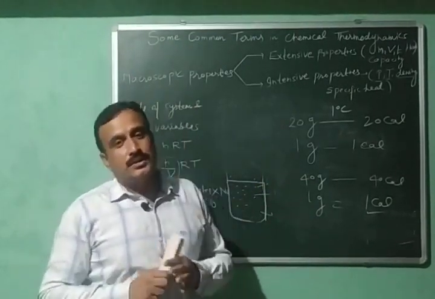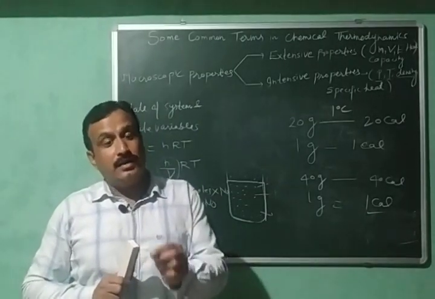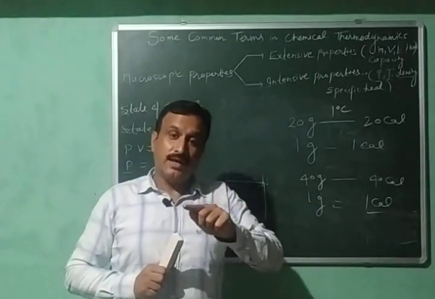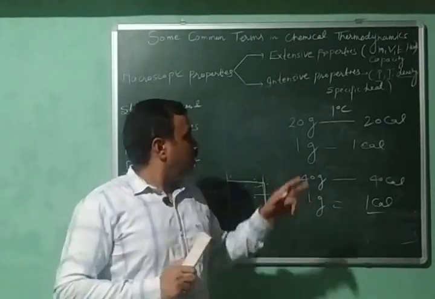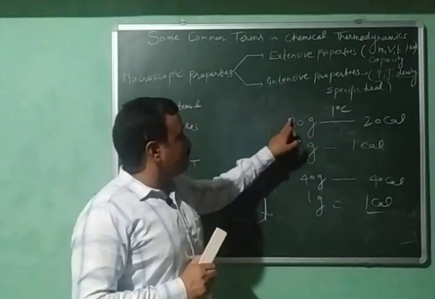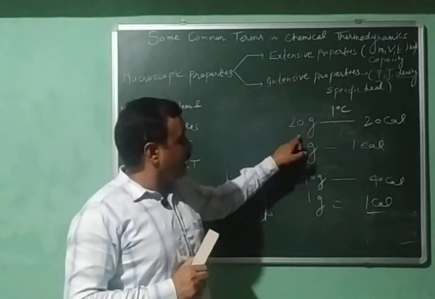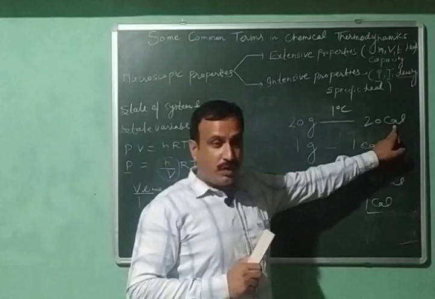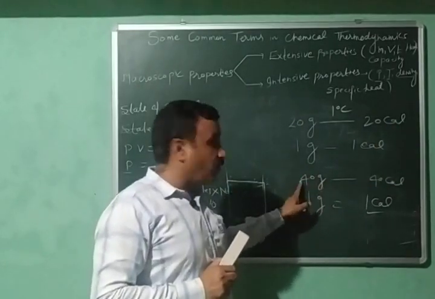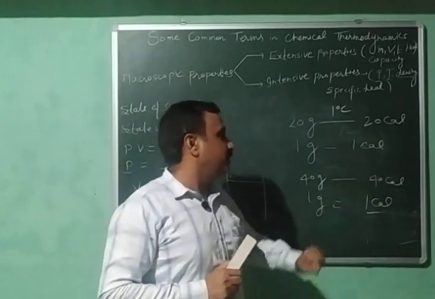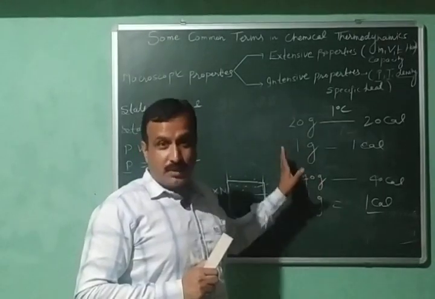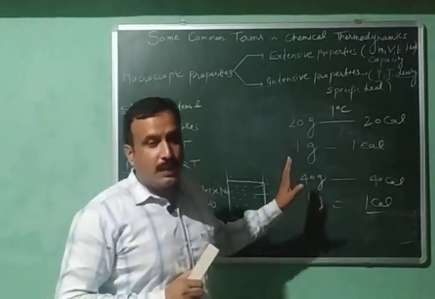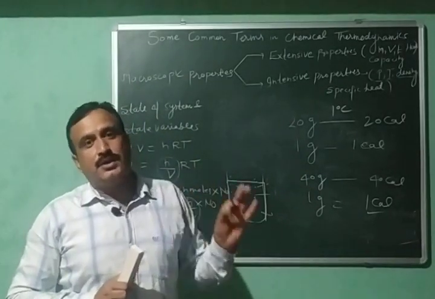This is how specific heat is an intensive property, and heat capacity is an extensive property, because here 20 gram was the system. For the 20 gram, the entire system was 20 gram. So for 20 gram, 20 calorie heat was required, and here the entire system is 40 grams, then 40 calorie heat is required. So this is heat capacity. So heat capacity depends upon the quantity of matter, and specific heat is independent.